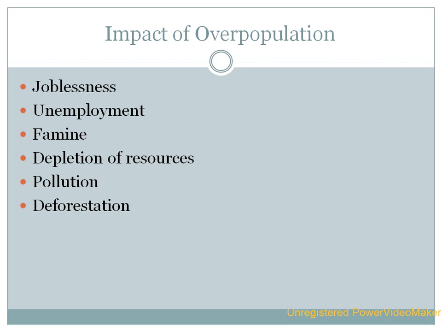On a very large scale, deforestation harms the whole world, as do some effects of pollution like global warming and ozone depletion. So children, you need to understand how overpopulation is affecting the lives of people on the earth.